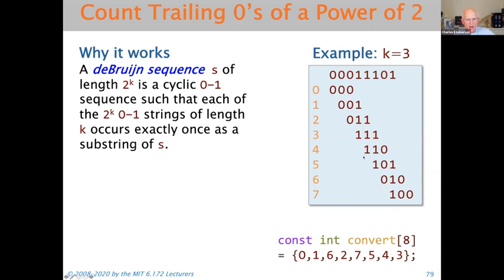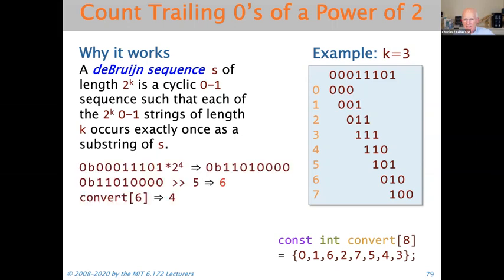If I see 1, 1, 1, 0 in the rotated bits, then I know I rotated 2, and so forth. And so this table just converts between what those bit strings are and what the actual rotation is.